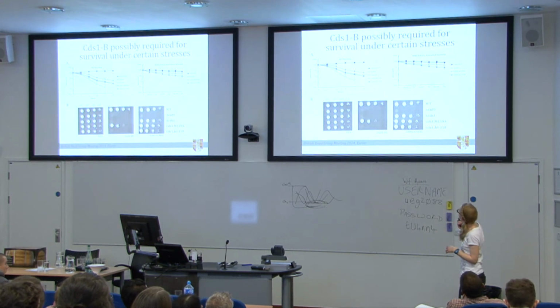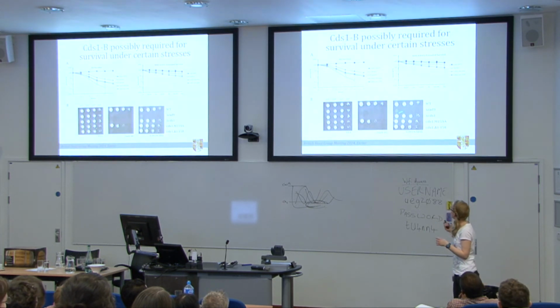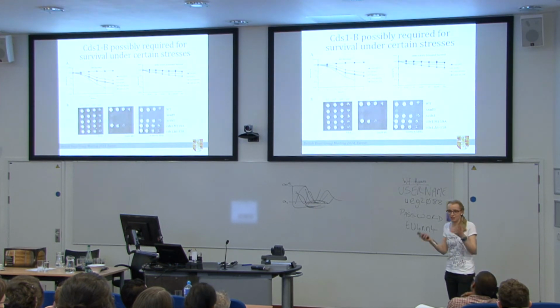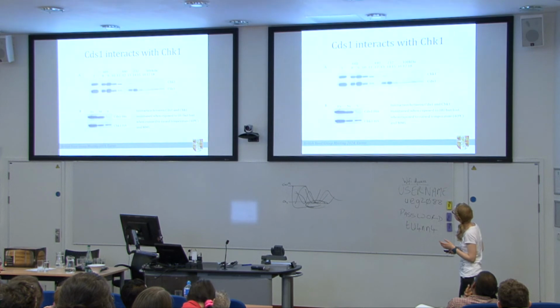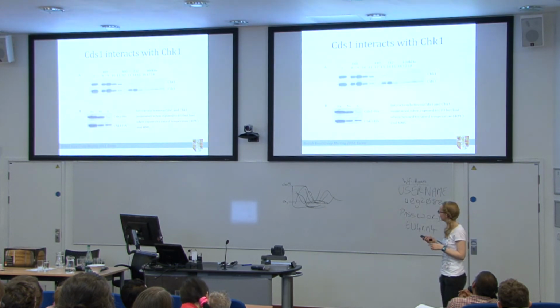But conversely, we don't see any susceptibility in MMS, and that is confusing because we see induction with MMS, but we don't see induction in hydroxyurea, so it seems a little bit backwards.